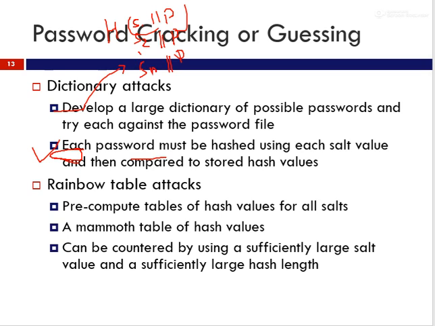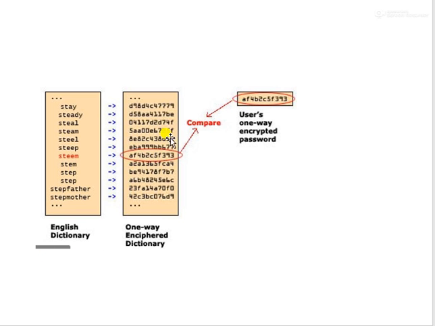Then there is another one which is called a rainbow table attack. In a rainbow table attack, we pre-compute a table of hash values for all salts. Like in a dictionary attack, at run time we calculate the hash code with different salt values and then compare it with our password file. But in a rainbow table attack, the dictionary is not a simple dictionary like this one, but we have a rainbow table that is a one way cipher dictionary.